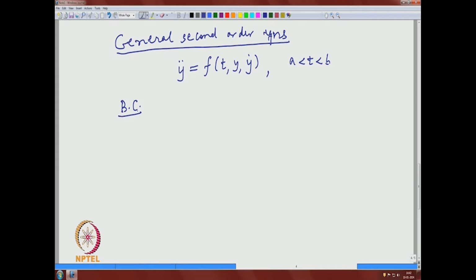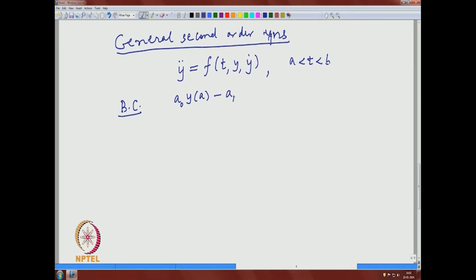Okay. So, A0 y(a) minus A1 y dot(a) is equal to alpha. There is no particular reason why I take minus, but I can also put plus, no problem.